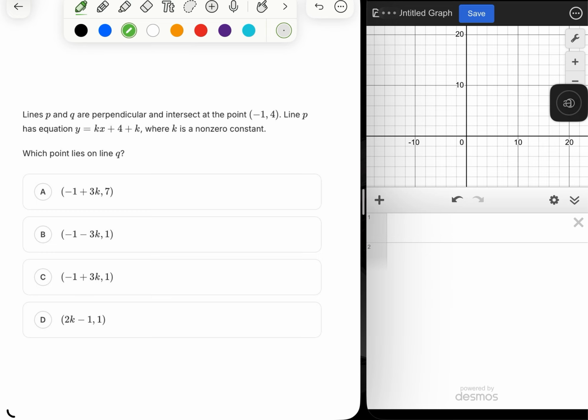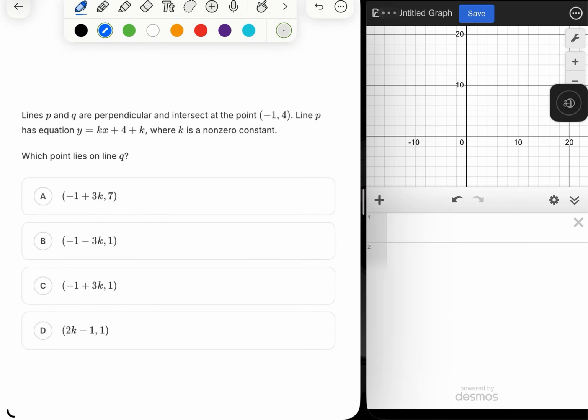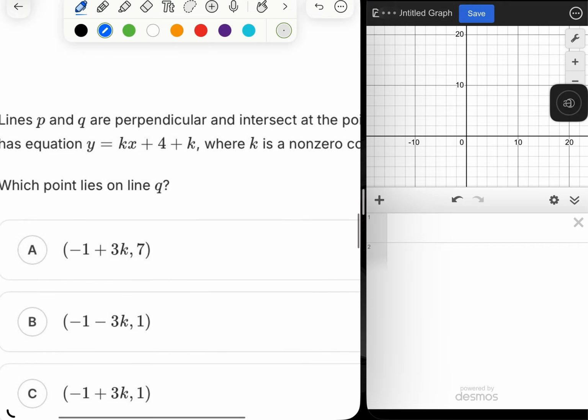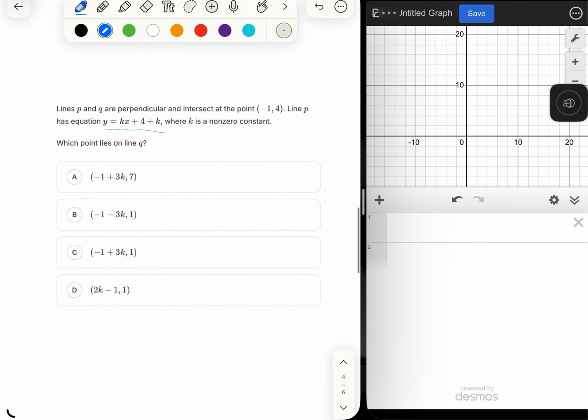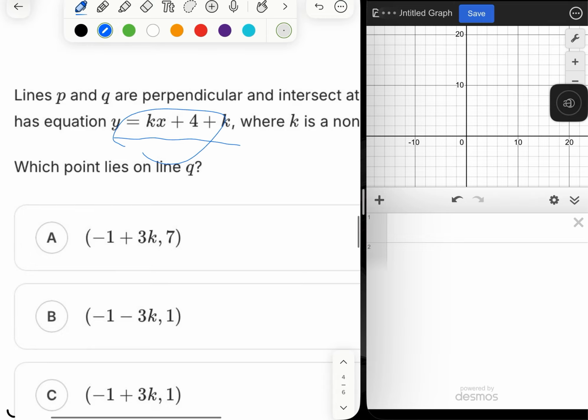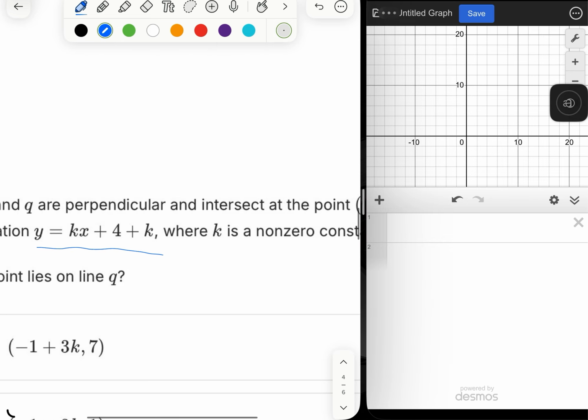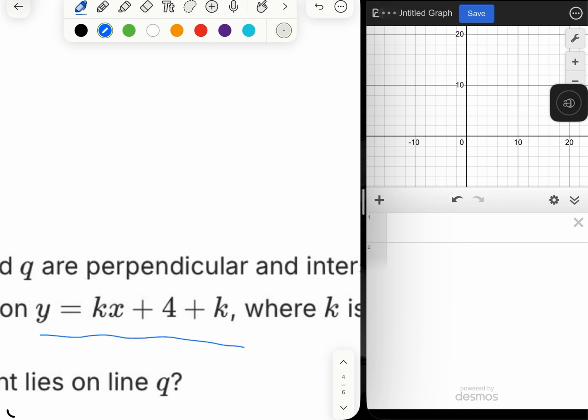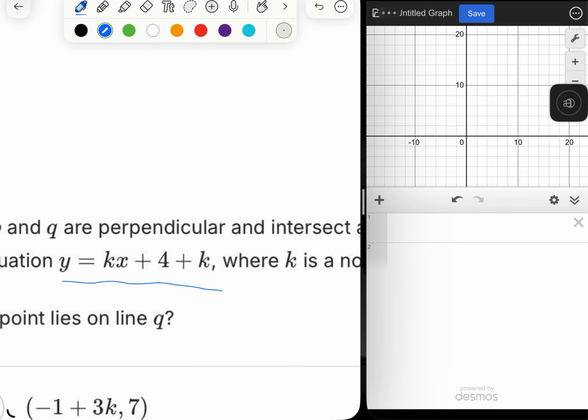So I'm going to show you both ways, on Desmos and the more algebraic way, but I'll do that one first. First of all, look at what we're given. We're given that the equation of line P is this. Let's go back to basic slope for a second.